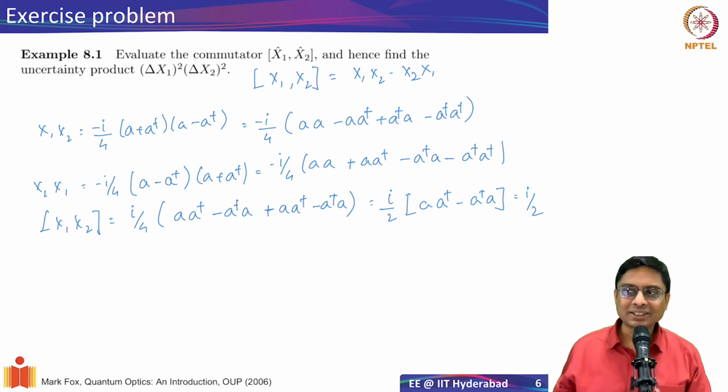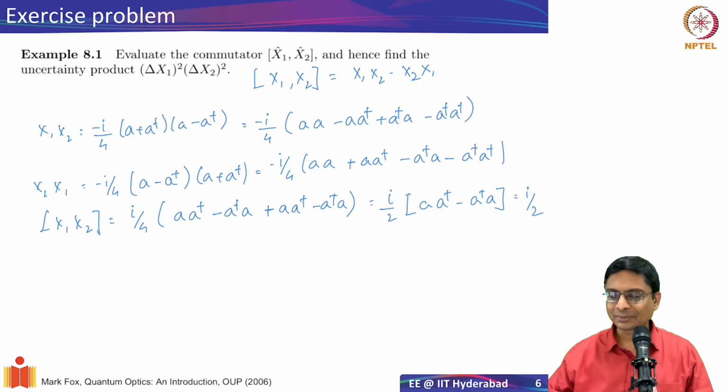Now, how do I get the uncertainty product? I'm going to pull a rabbit out of the hat. You can show, with some very basic theorems in statistics, how the variances behave and how they're related to the commutator bracket. We are not proving it, we are just giving you this expression.